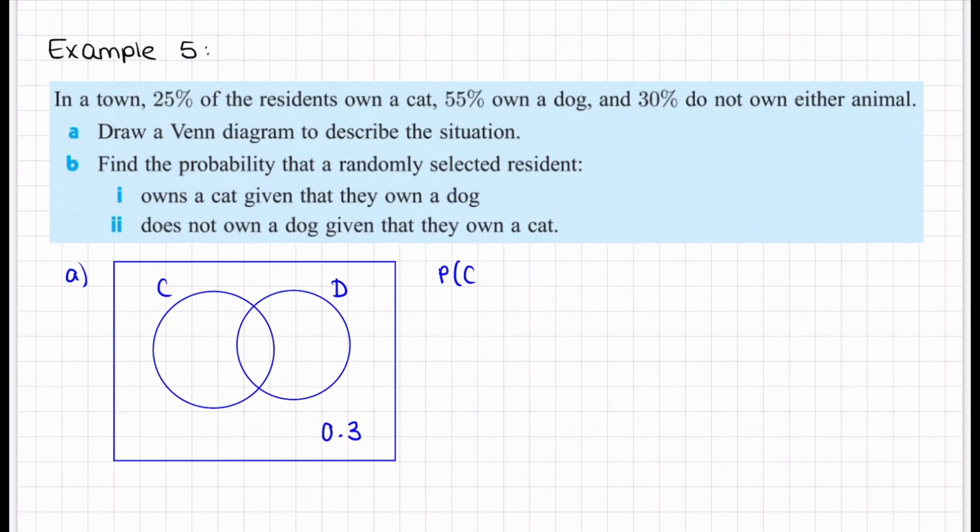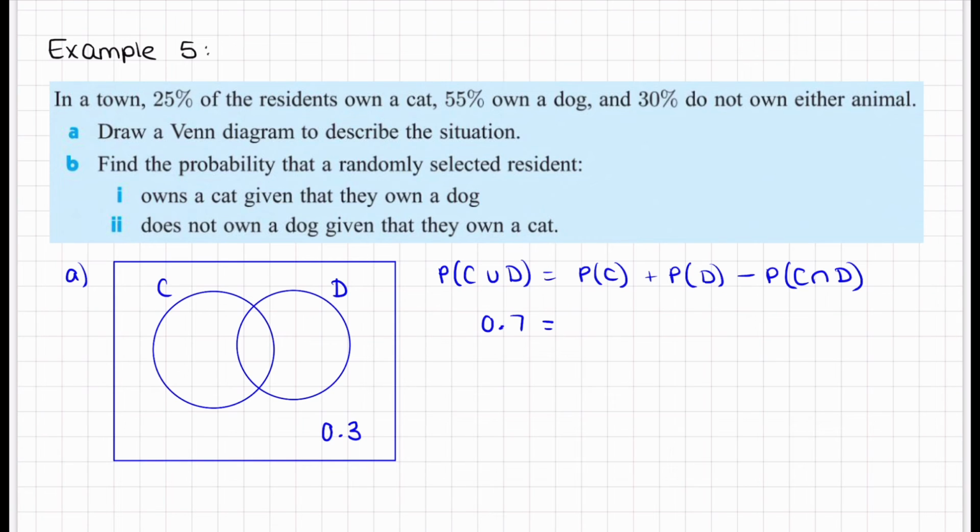So the probability of C or D equals the probability of C plus the probability of D minus the probability of C and D. Now, C or D, we do actually know because we have the 0.3 on the outside, which means the circles must add up to 70%, so 0.7, because the whole thing has to add to 100%.